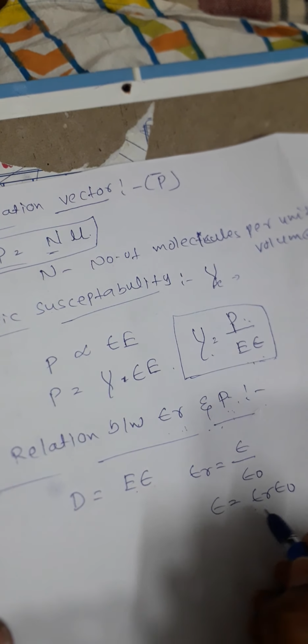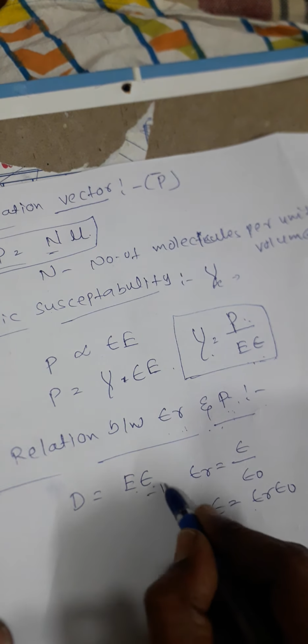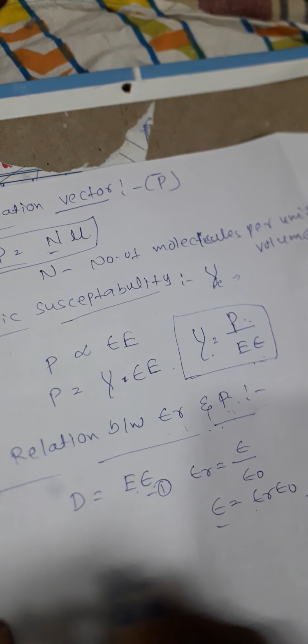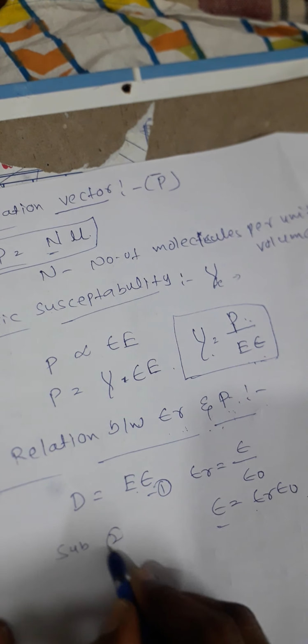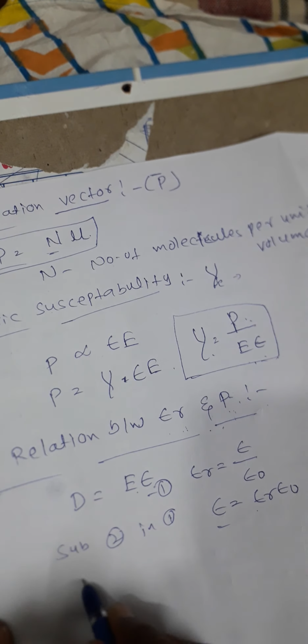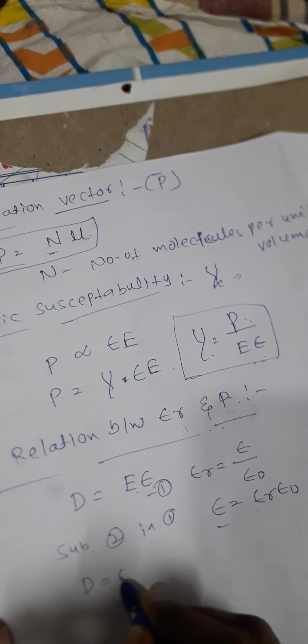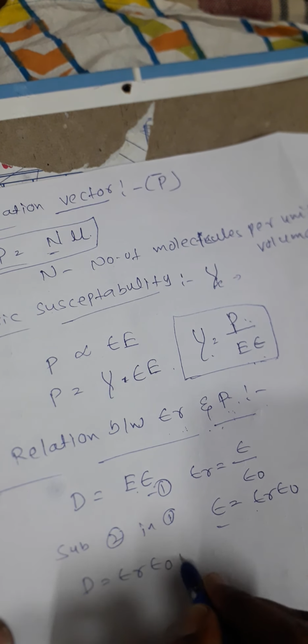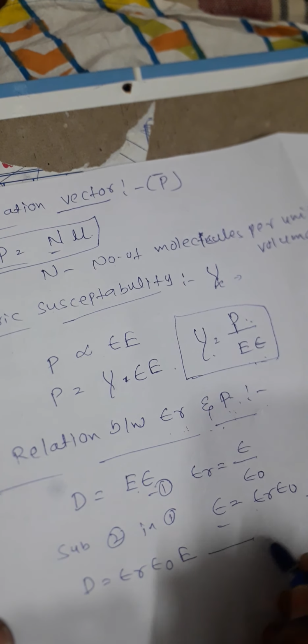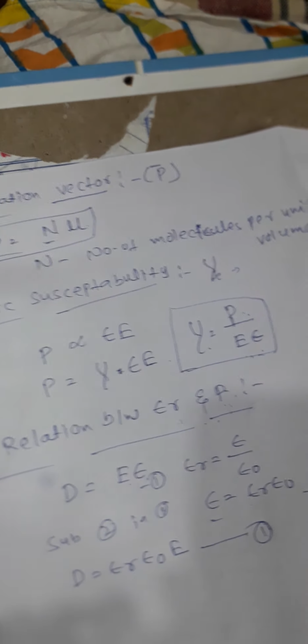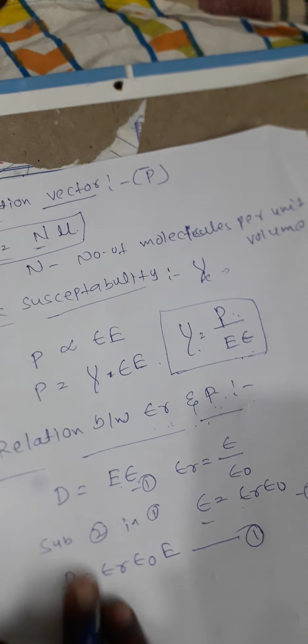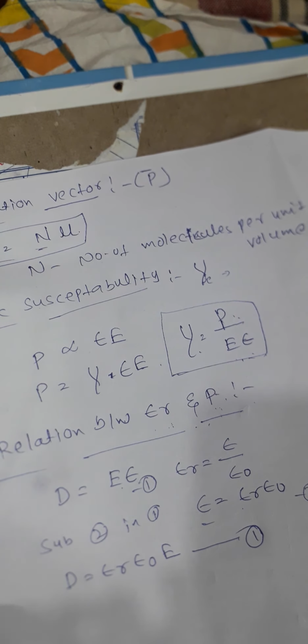This is equation 1 and this is equation 2. Now substitute 2 in 1. D is equal to epsilon r epsilon naught into E. This is the general electric flux density equation.